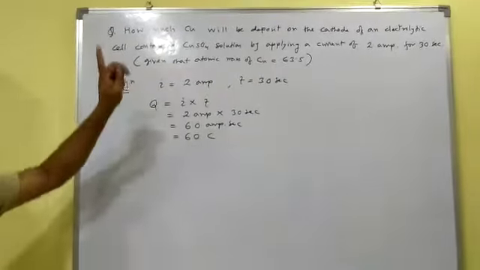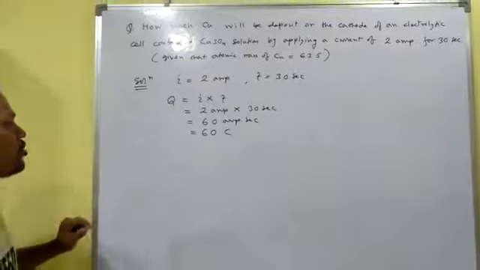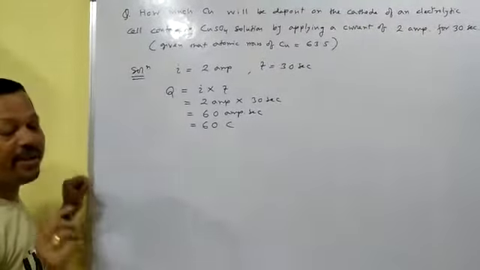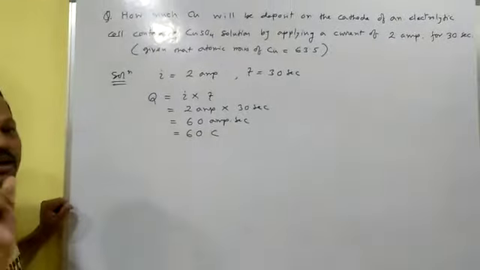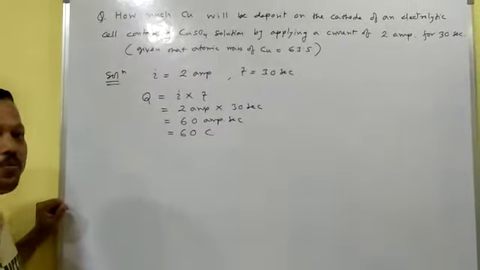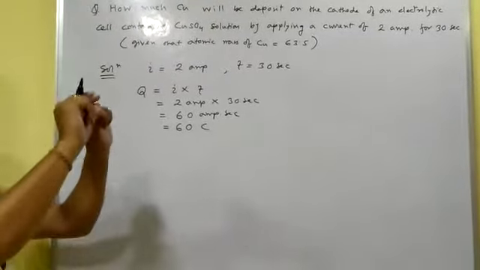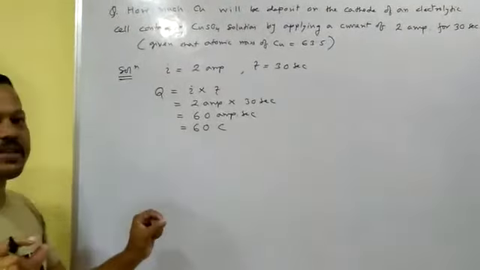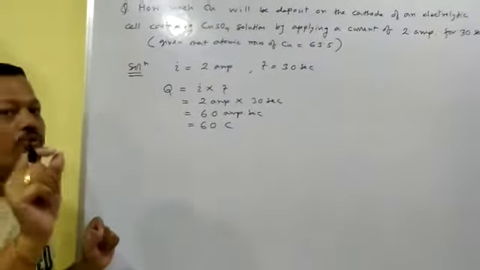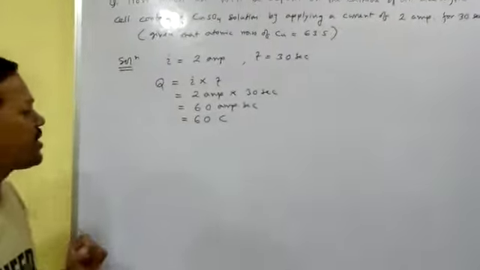Now you have to find out how much copper will deposit at the cathode. You should know one thing: what is the value of Faraday? Faraday value is 96500 Coulomb. If you pass exactly 96500 Coulomb of electricity through a solution, the substance deposited is always equal to its equivalent mass.